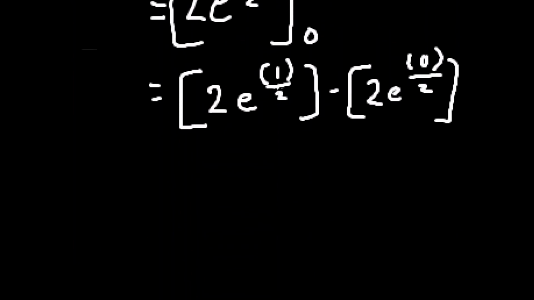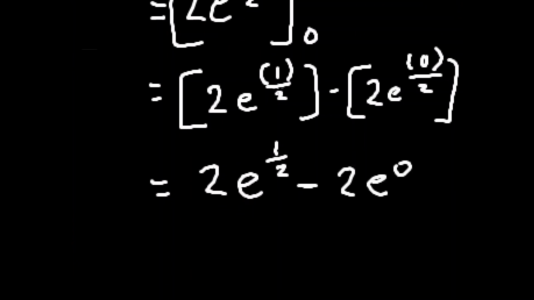Okay, so that we can say is 2e to the 1/2, nice and easy, minus 2. Now that's e to the 0. Anything to the power of 0 is just going to be equal to 1.